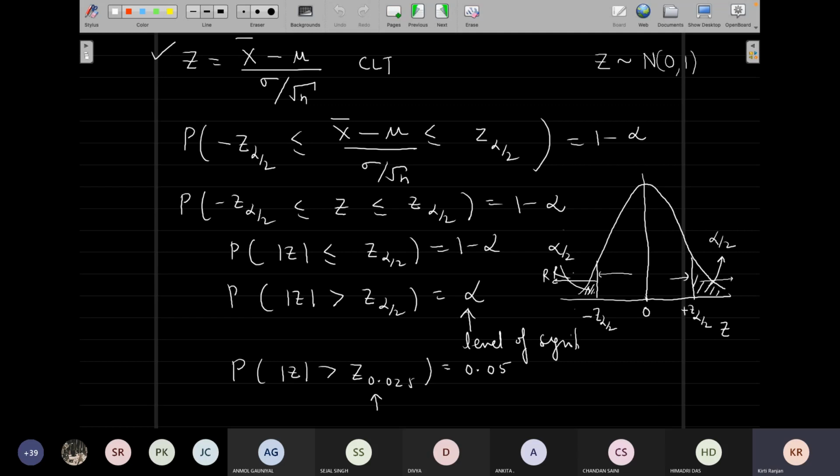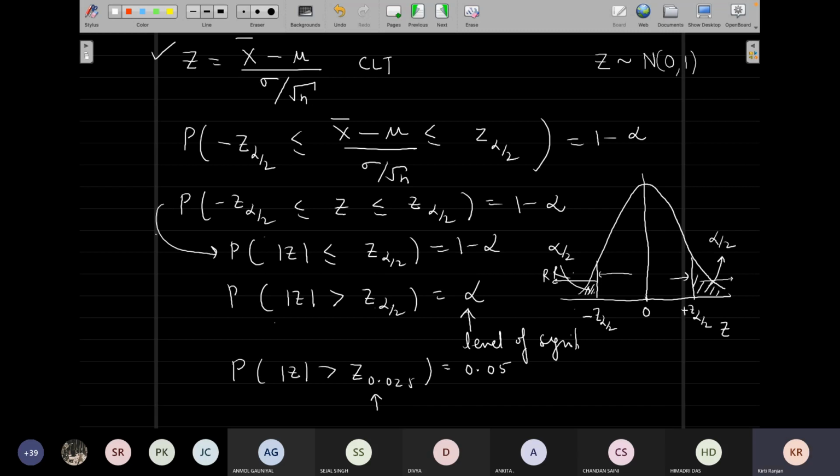So this probability of minus Z alpha by 2 less than or equal to Z less than or equal to Z alpha by 2, that is the middle region, gives the probability of 1 minus alpha. And of course, you can write down the same thing as this: probability of mod Z less than or equal to Z alpha by 2 is equal to 1 minus alpha, or probability of mod Z greater than Z alpha by 2 is equal to alpha.